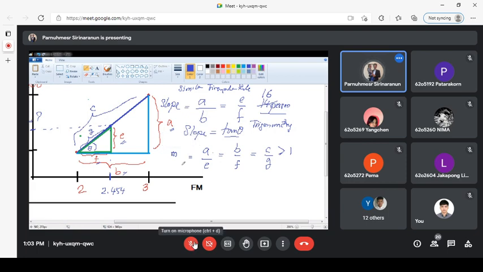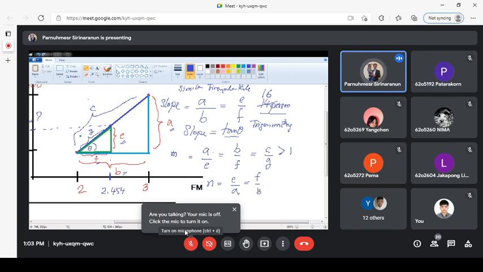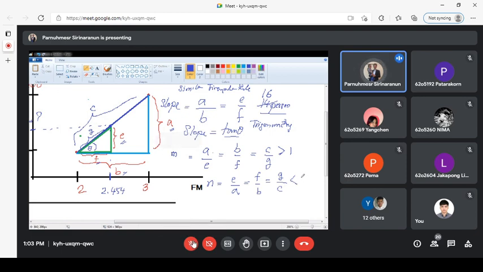It's called expansion scale. But the similar triangle rule tells you two things. You can find another: E by A equal to what? F by B equal to G by C. Okay? This number is less than 1.